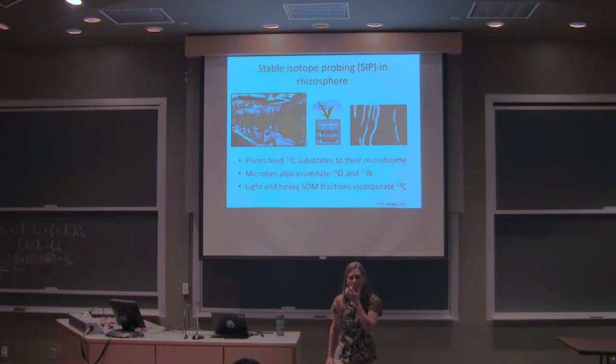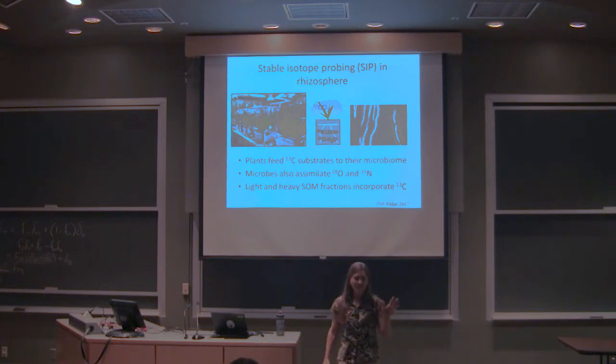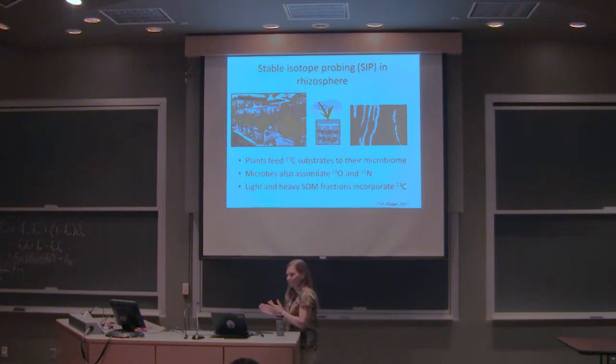There's some newer work using a similar principle, labeling plants and finding that C13 or O18 or N15 in the DNA of the microbes in the rooting zone. Okay, so this is really cool work. It's really hard. I haven't done it really. I've worked with people who are doing it, and it's sort of new and expensive. So don't get your hopes up really a lot at this point.